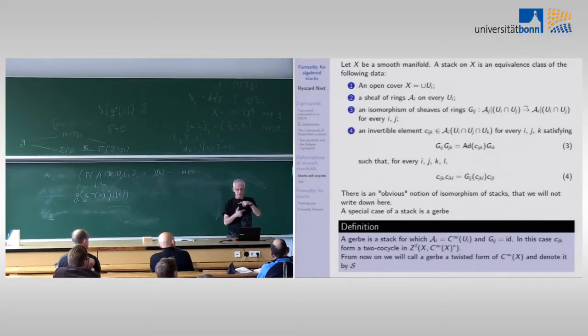But there is still this c_ijk, this cocycle, which does not have to be trivial. It's just an inner automorphism. It can act trivially, but does not have to be trivial. It's non-trivial in general. So for a gerbe, everything restricts to a cocycle on X with values in the invertible functions.